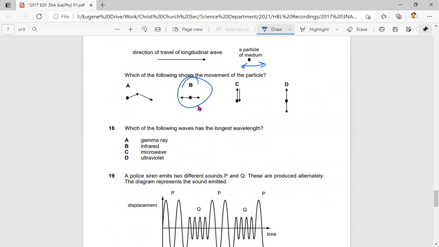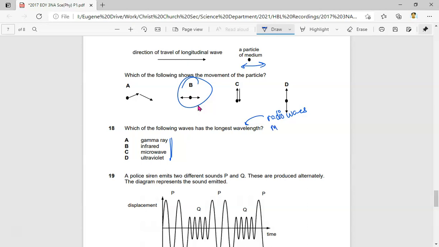Next, question 18. Which of the following waves has the longest wavelength? Longest wavelength, I need you to know that it must be radio waves. So this one, you need to remember lah. Now, radio wave is longest, but down here there are no radio waves. So what do I need to know? Let's remember the sequence first.